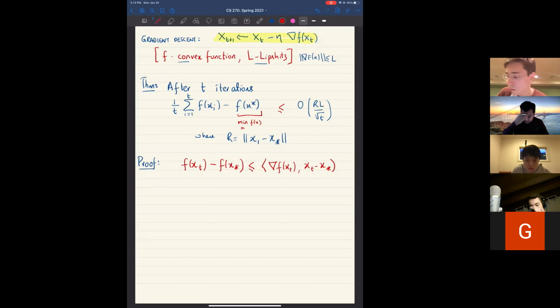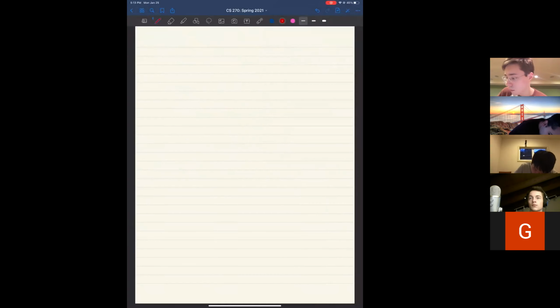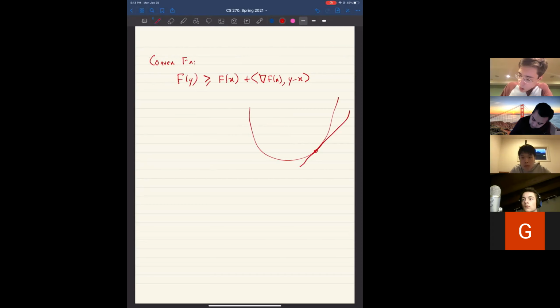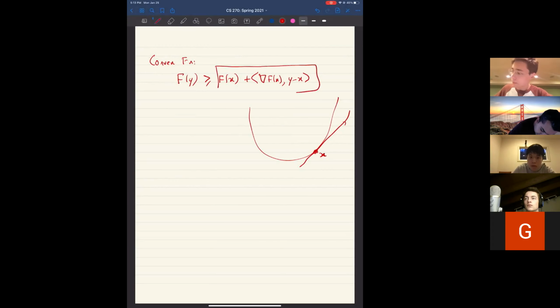Where is this coming from? This is coming from the definition of convexity. If you recall, f of y is always at least f of x plus the gradient of f at x times y minus x. The function is always above the linear approximation. So if this is x, the linear approximation to the function is this, and the function is always above it.